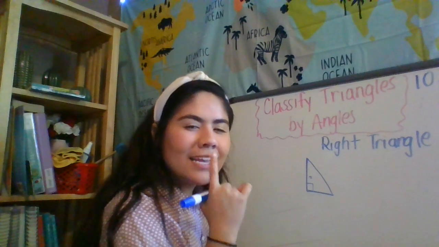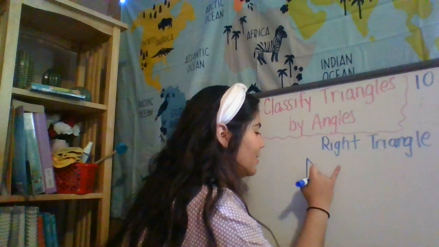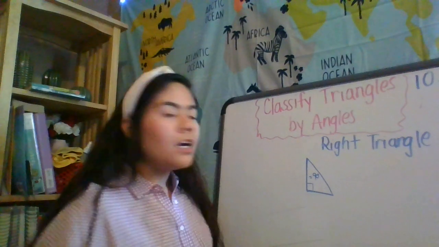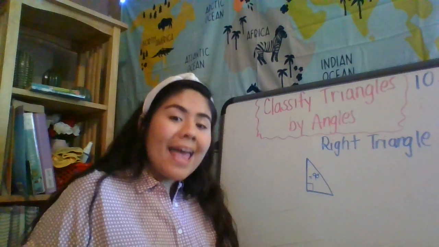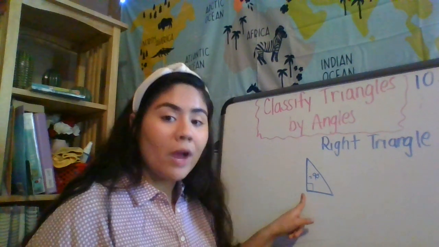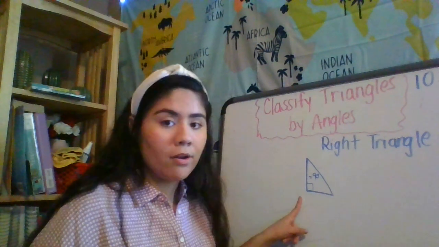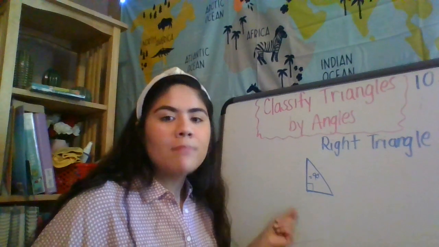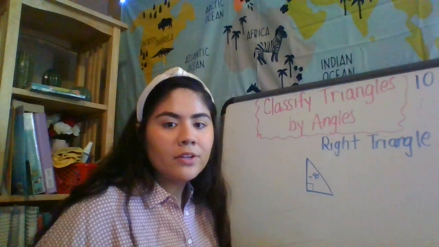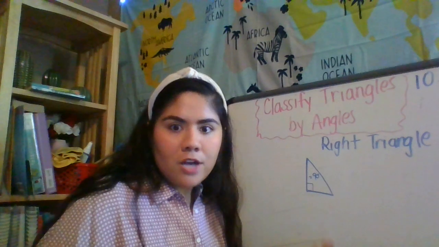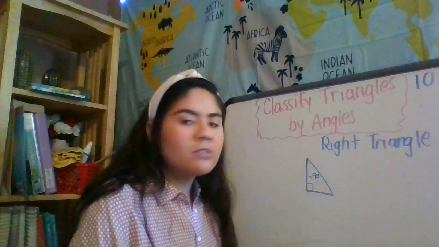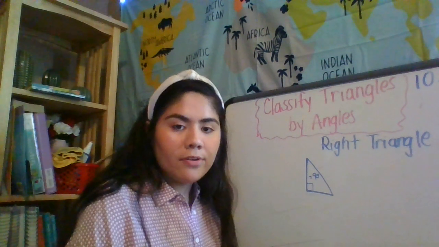Think about it, 90 degrees, right? So a right triangle is any triangle with one right angle. It only has to have one in order to be a right triangle. If it's smaller, then it can't be a right triangle because we learned that smaller angles are acute angles, right? So this is our first triangle, a right triangle.